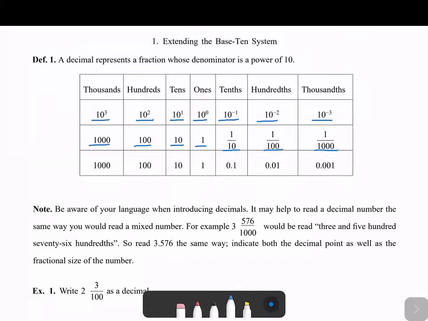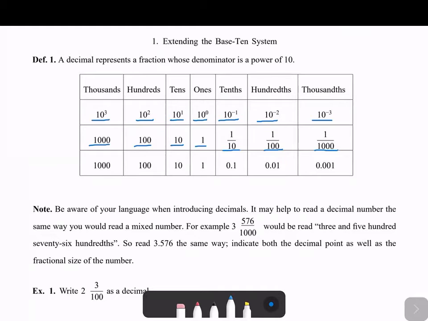Now we can formalize this into decimals. We had our base 10 system with the exponents, then we made them into fractions, and now we make them into decimals, where the thousands, hundreds, tens, and ones all stay the same, but we convert these fractions into decimals.